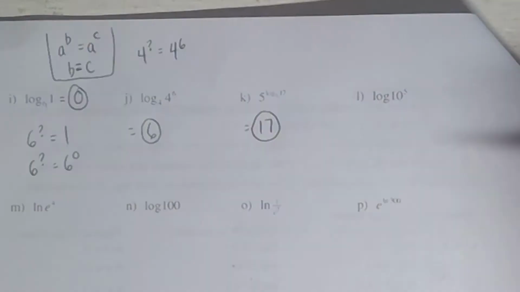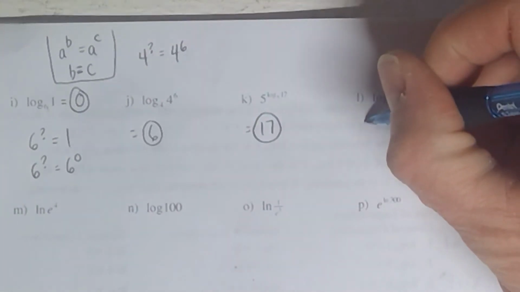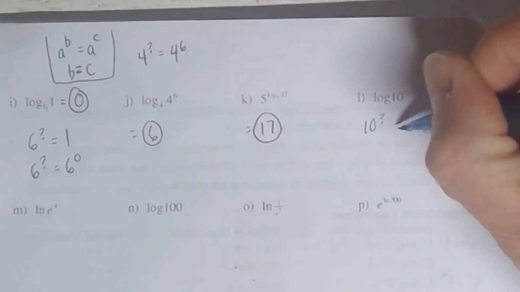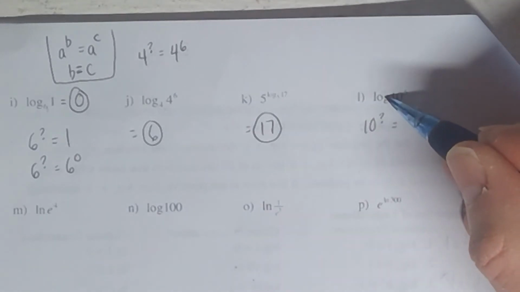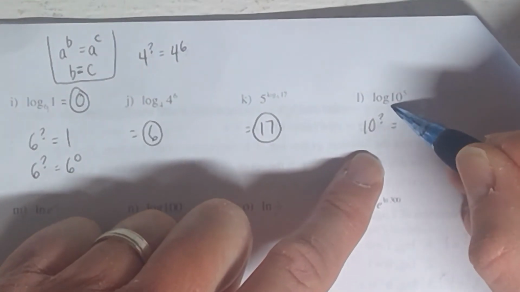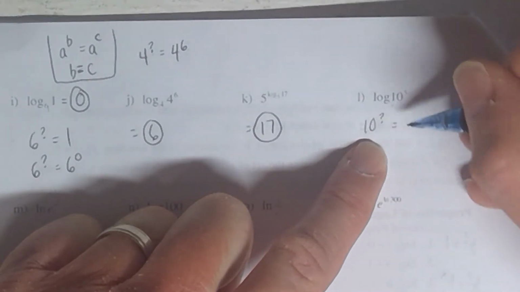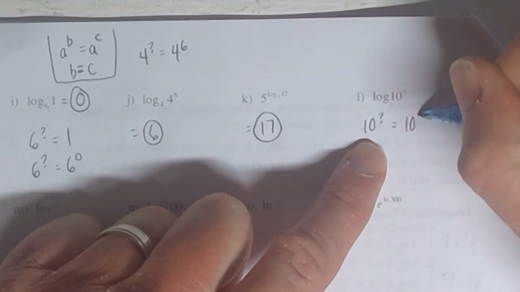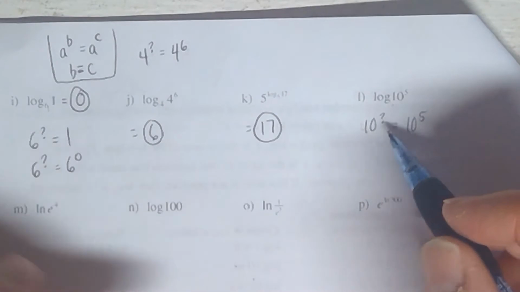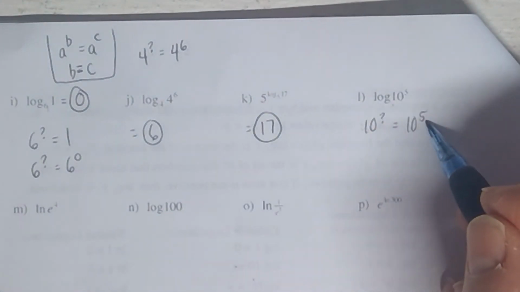You could do that property, or if you choose to do it the long way, you could say, I know the invisible base underneath the g is equal to 10, and I know the product term is 10 to the 5th, and so I know that 10 to what power is equal to 10 to the 5th.